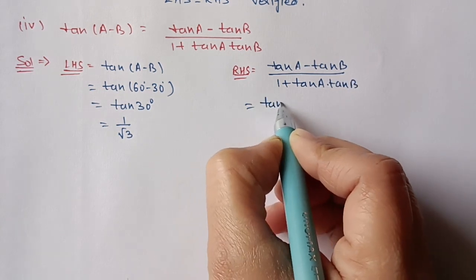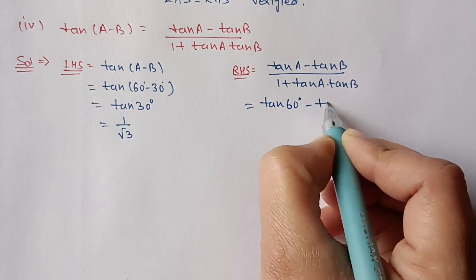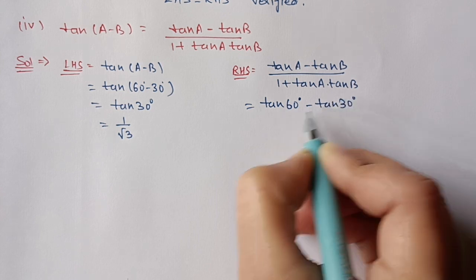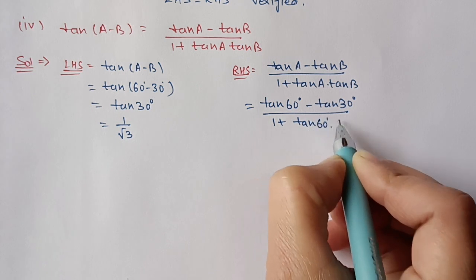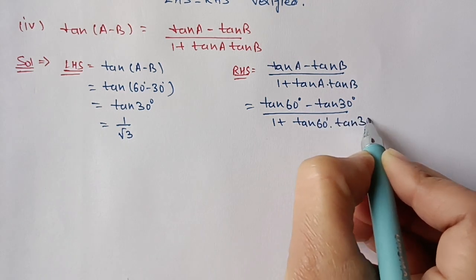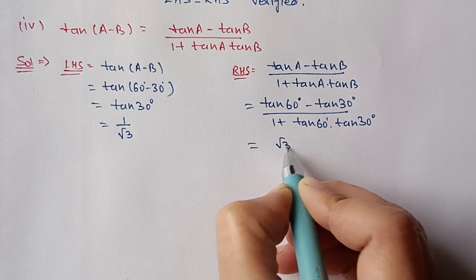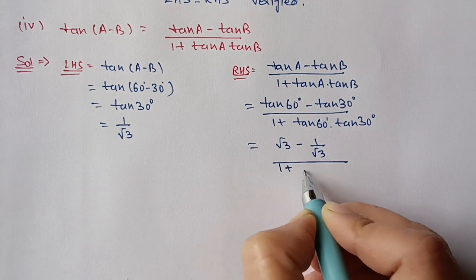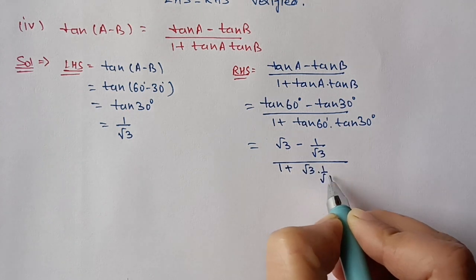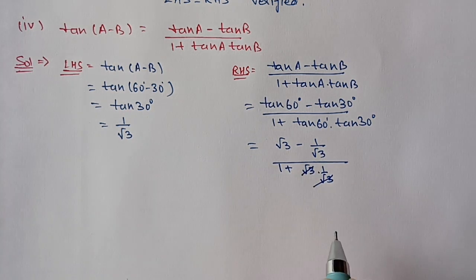Tan 60 minus tan 30, divided by 1 plus tan 60 tan 30. Tan 60 value is root 3, tan 30 value is 1 upon root 3. So 1 plus root 3 into 1 upon root 3, this you can cancel out.